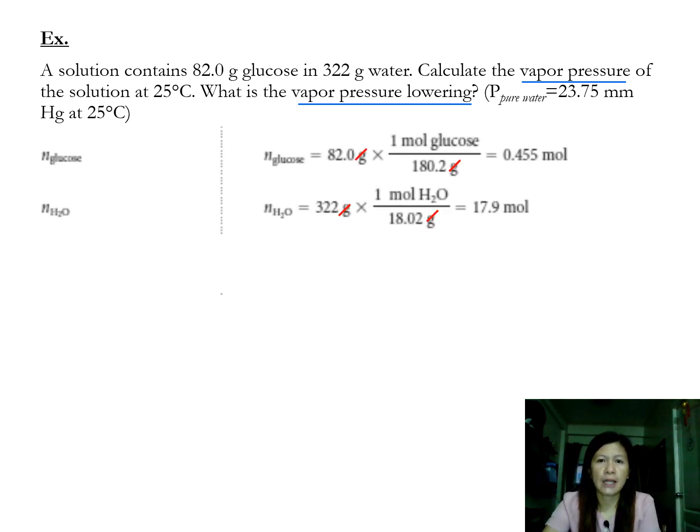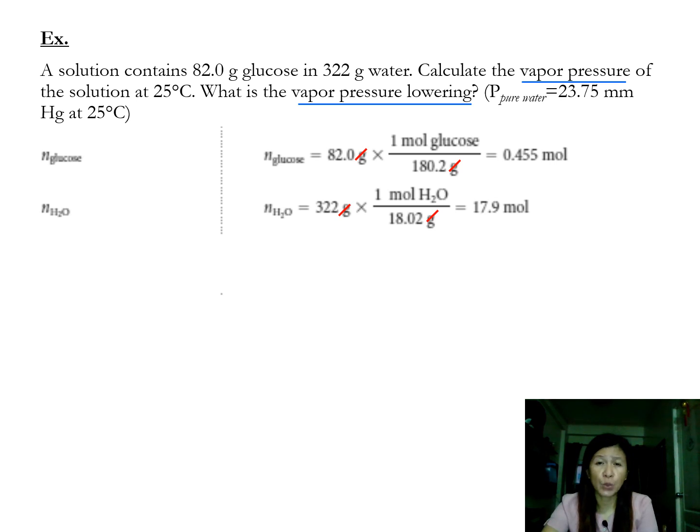So first, let us convert the given masses of solute and solvent to moles. Glucose is C6H12O6. It has a molar mass of 180.2 grams, and that molar mass is equal to 1 mole, giving us the conversion factor 1 mole glucose over 180.2 grams glucose.